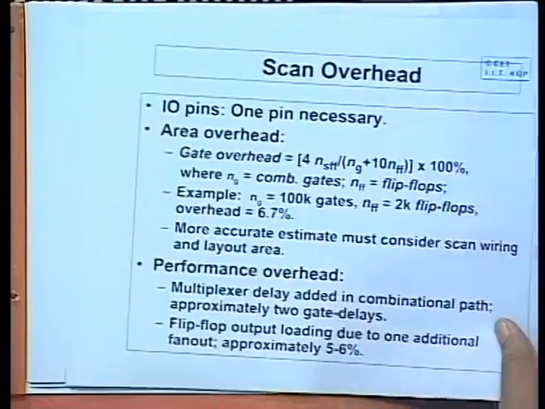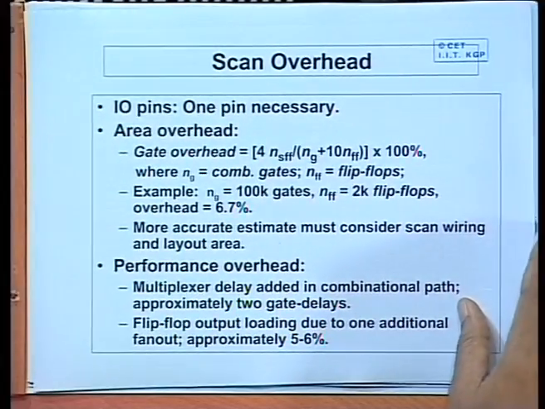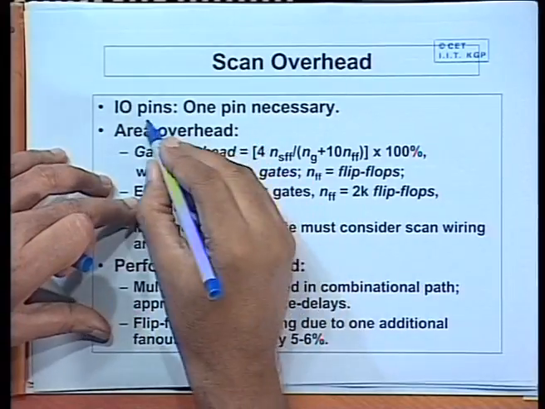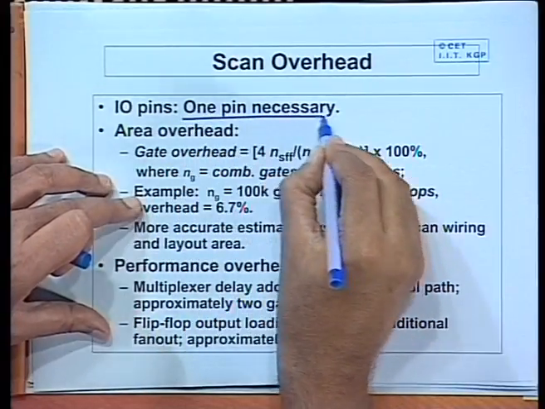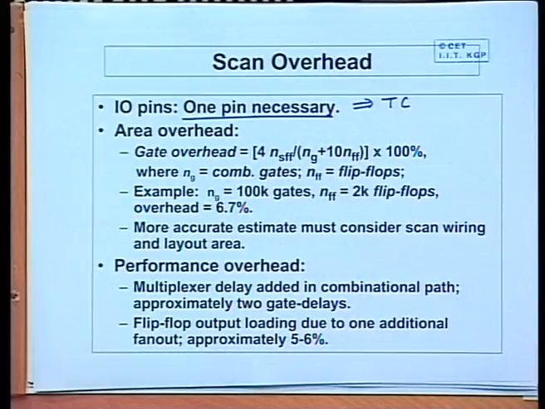Now, let us try to see what kind of extra hardware we need in this case. This is the so called scan overhead. Now, scan overhead says that one extra IO pin is necessary. This is the test control pin.